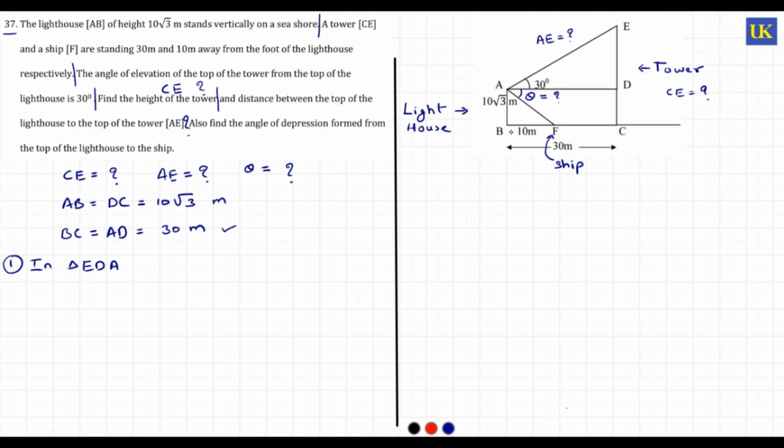Using this one side we can find AE, because in trigonometry we need to know one side, and the other two sides can be found using trigonometry. So we will use this side and this angle to find AE.